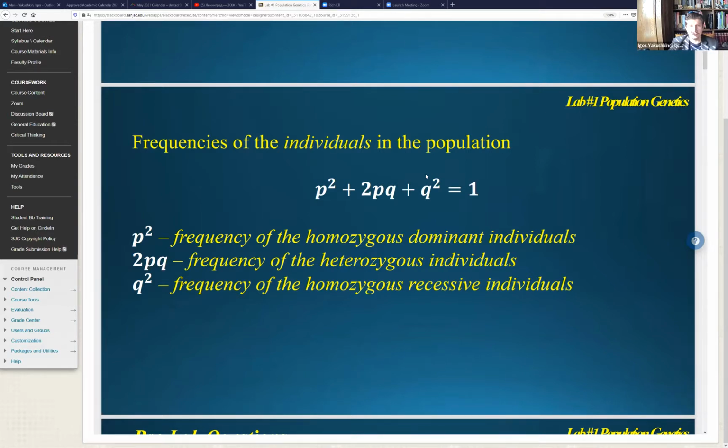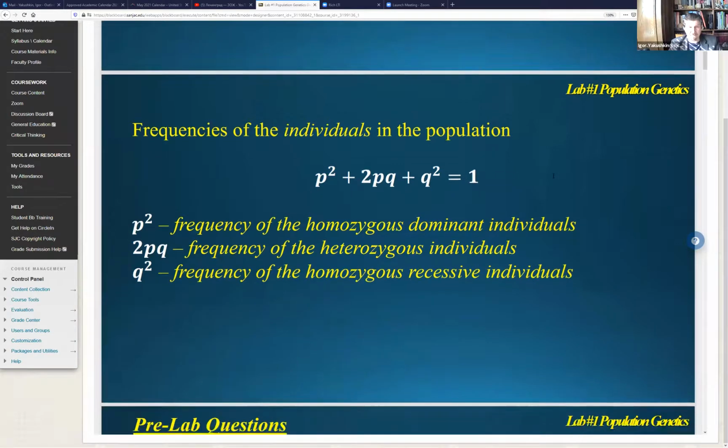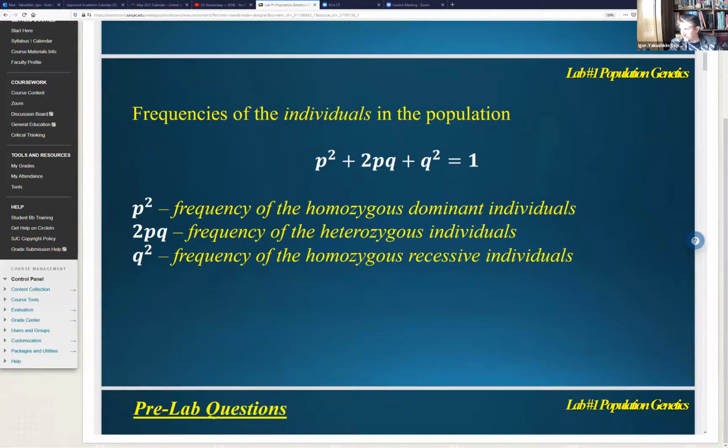The majority of the human population is homozygous recessive. So in this particular case, recessive is more common than dominant. All right. Remember, we were talking about the exceptions in biology. So next one.